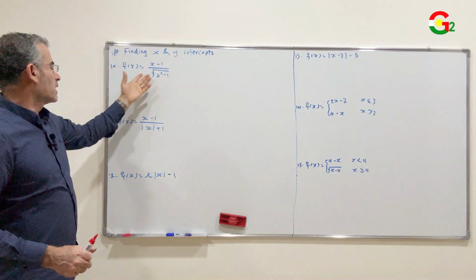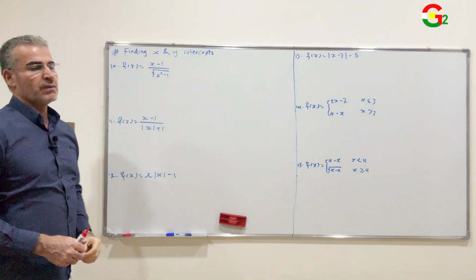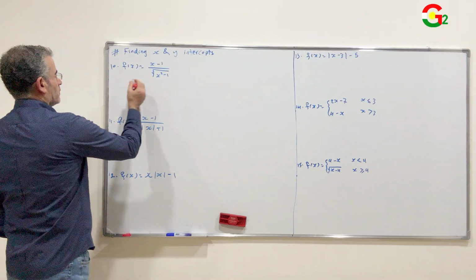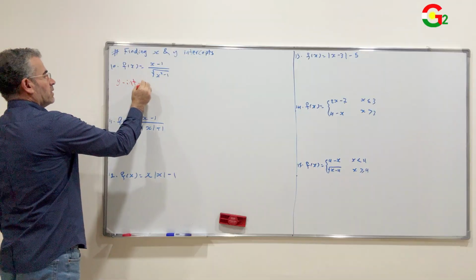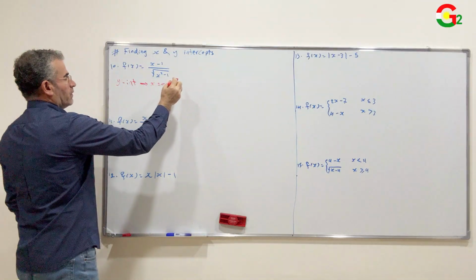Example number 10. Find the x and y intercept for this function: f of x equals x minus 1 over the square root of x power 2 minus 1. For y-intercept, we set x equals 0 and solve to find y.